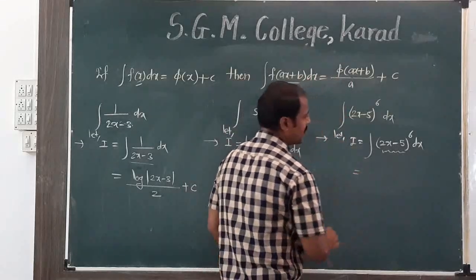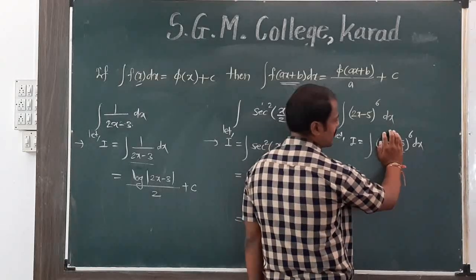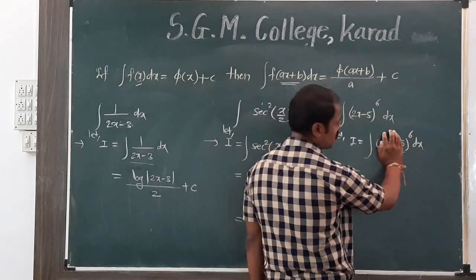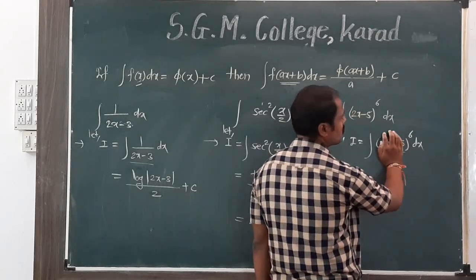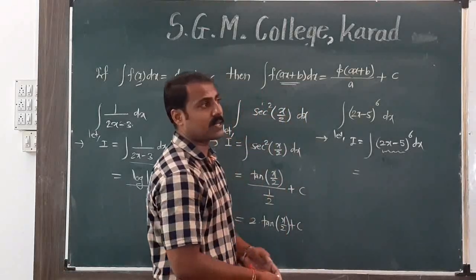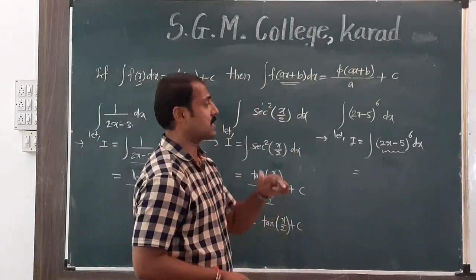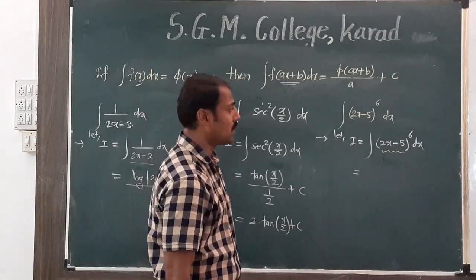Okay, so considering 2x minus 5, that linear equation, as x, we get here x raised to 6. Integration of x raised to 6 looks like integration of x raised to n. Integration of x raised to n is x raised to n plus 1 divided by n plus 1.